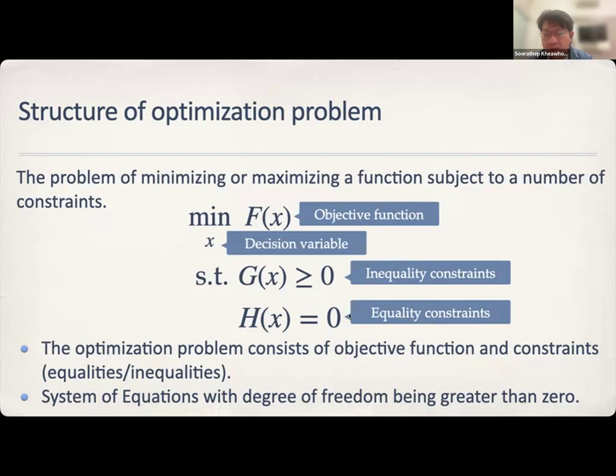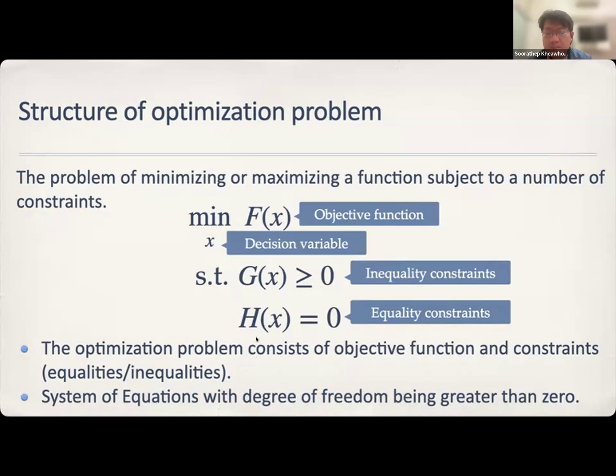We treat equality constraint and inequality constraint in a different way, so we have to separate those constraints. So the optimization problem consists of an objective function and constraints, and those constraints can be equalities or inequalities.